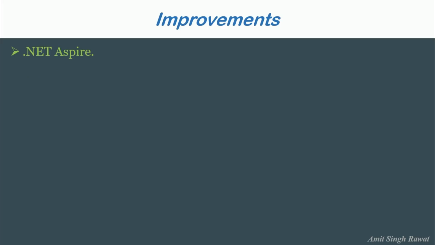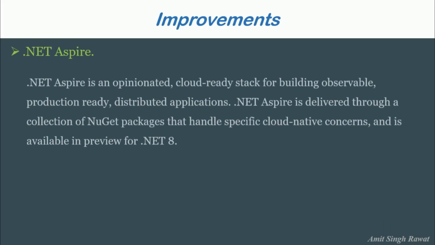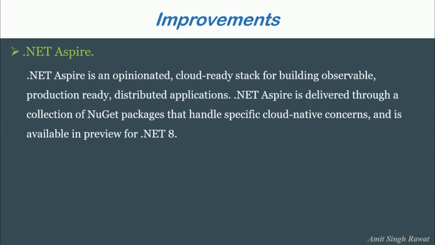Next is .NET Aspire. .NET Aspire is an opinionated, cloud-ready stack for building observable, production-ready distributed applications. .NET Aspire is delivered through a collection of NuGet packages that handle specific cloud-native concerns and is available in preview for .NET 8.